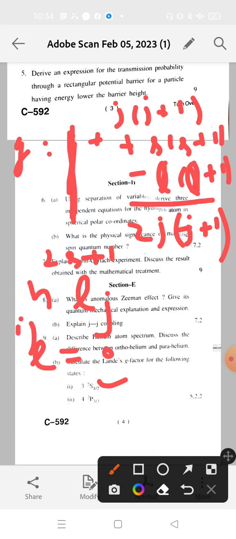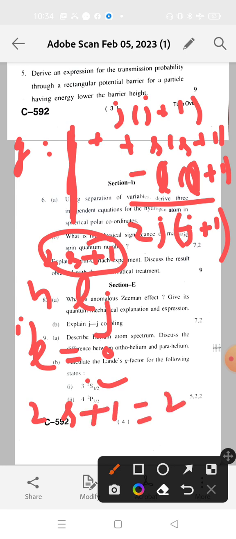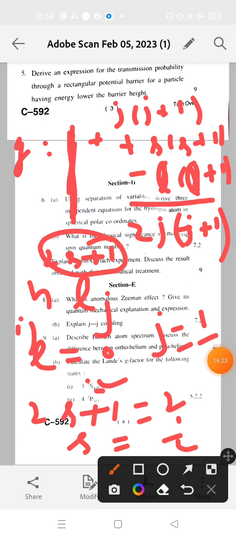So in the first part L is equal to 0 and 2S+1 is equal to 2. This implies s is equal to 1/2, and j is 1/2.